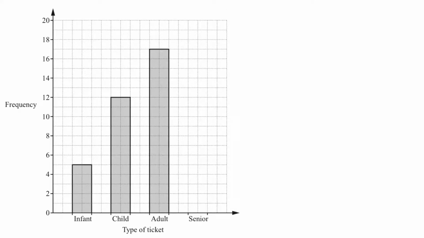The first thing we will do is write the frequency of the infant, child, adult. The total number of infants is 5. The total number of children is 12. Adult is 17.